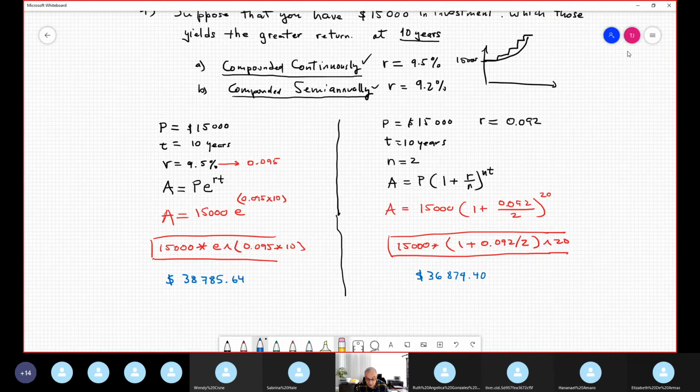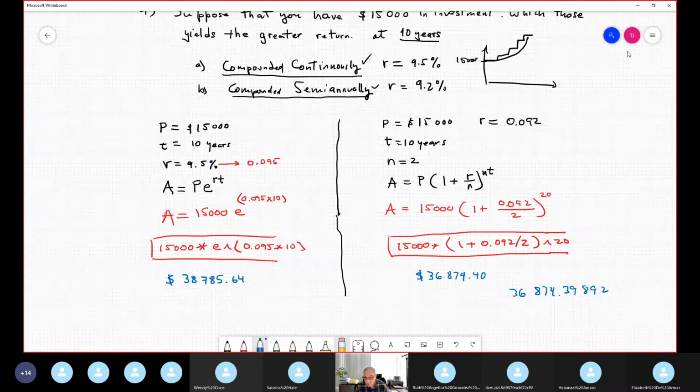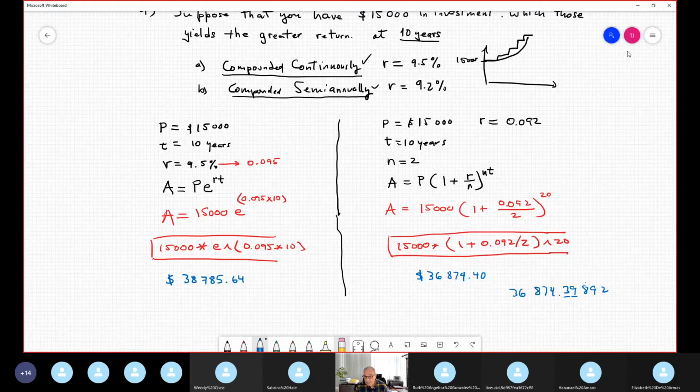Because actually my calculator gives me 36,874.39892. We are talking about currency, money. Therefore, we use only 2 decimal places. But the last digit is greater than or equal to 5, so you increase by plus 1, which is 40.